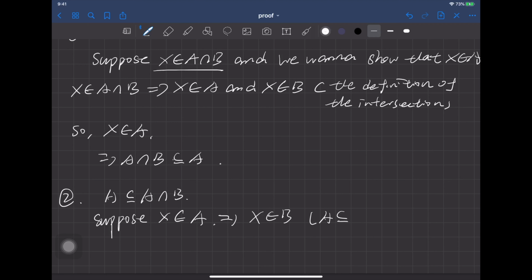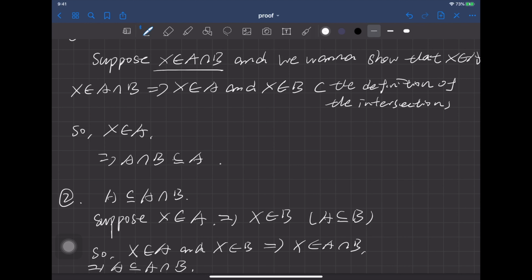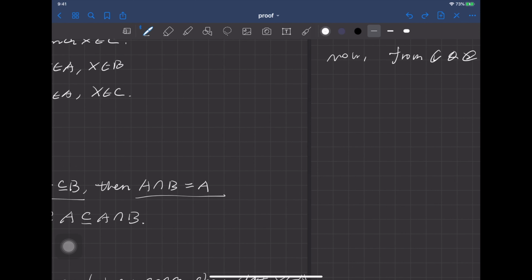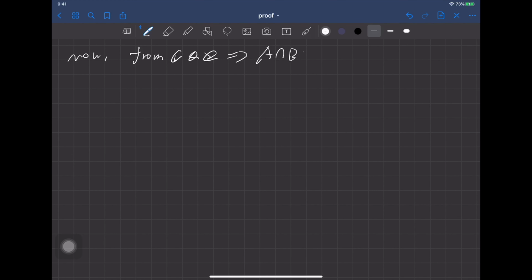Because A is a subset of B. So X is an element of A and X is an element of B. It implies X is an element of the intersection of A and B. Then the condition is true: A is a subset of the intersection of A and B. Now, from 1 and 2, we know the intersection of A and B equals set A.